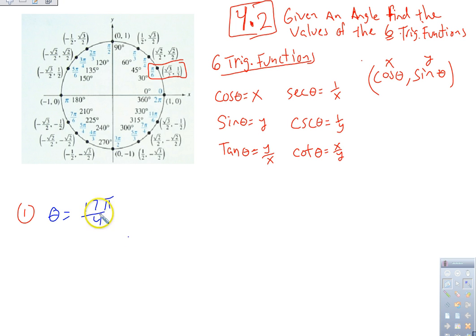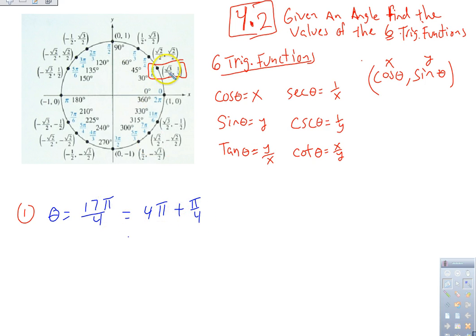Well, I recommend that we find its coterminal angle, and we can do that by changing this fraction into a mixed fraction. 4 goes into 17 four times, with a remainder of 1, or because we have the pi there, 4 pi plus pi over 4.